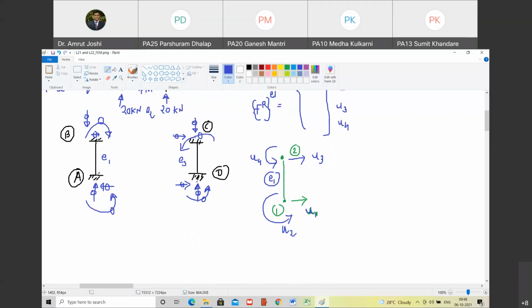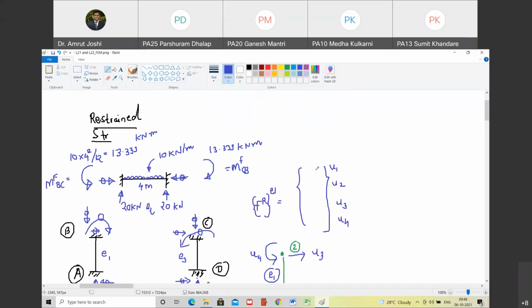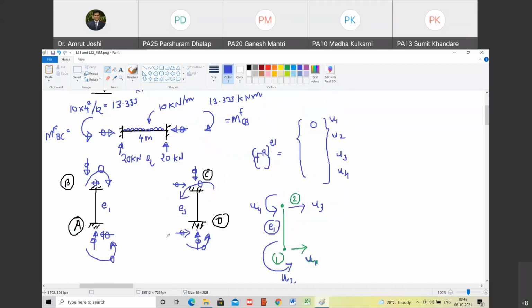Horizontal or vertical? Horizontal. If it is in the horizontal direction, I should be looking for a horizontal force. Do you agree with me? Yes, sir. So what is the horizontal force reaction in the restrained structure? Zero. So I am going to write 0 here. Now what is U2?